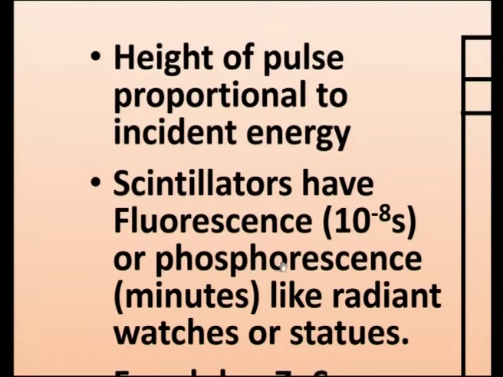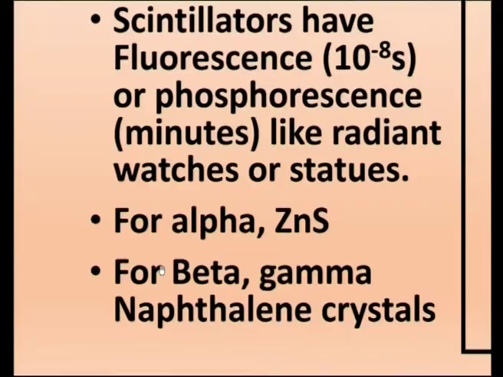Here this will take some time, like radiant watches, and also we have some statues. They will be light green color statues. They have got phosphorescent material. So the scintillators will have either fluorescence or phosphorescence. Now for alpha particles, they found that ZnS, a phosphor material, was suitable for alpha.